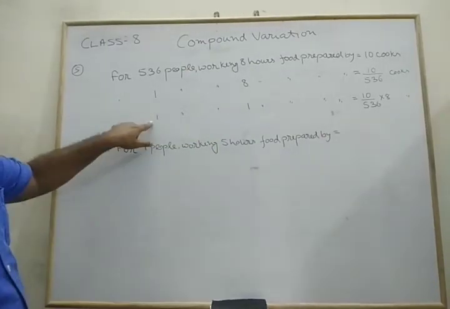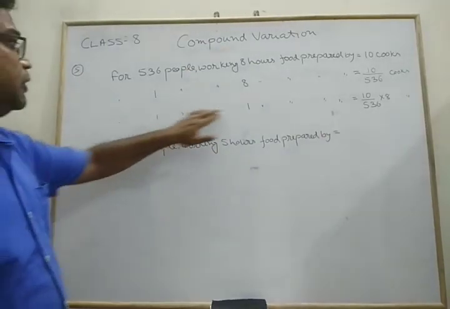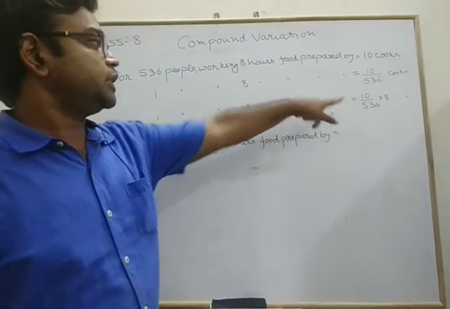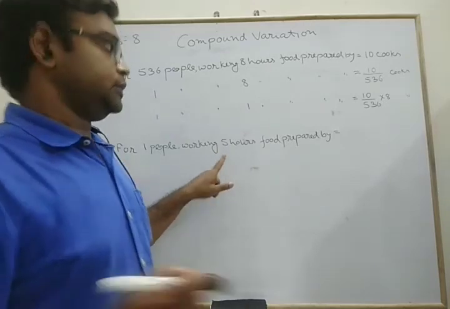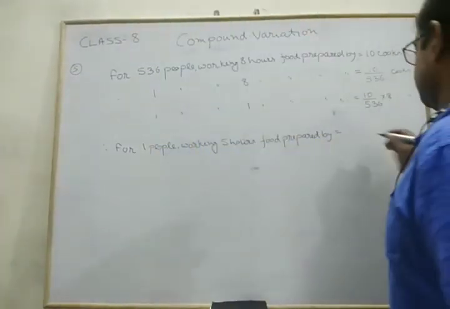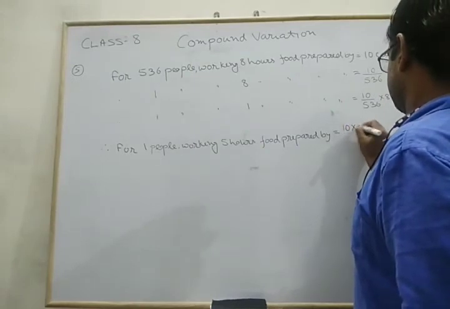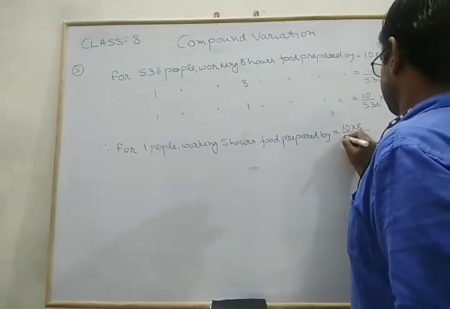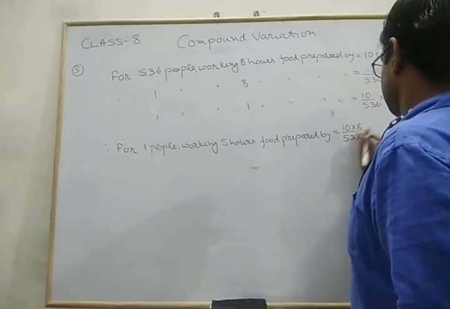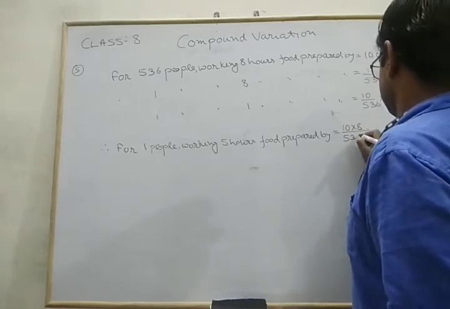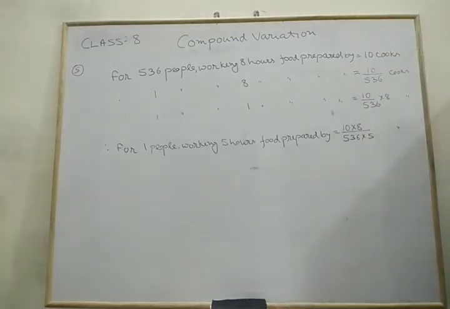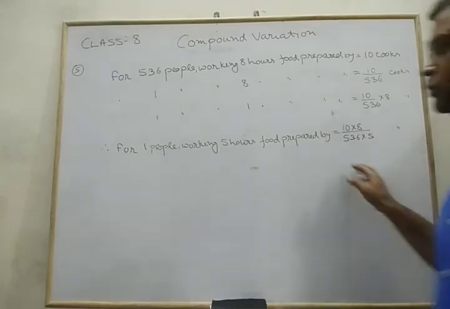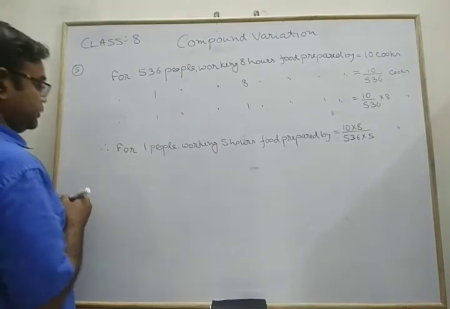Now check this. In working 1 hour, food is prepared by this number of cooks, so working more hours, fewer cooks are required, so we do the division. Clear? For 1 person working 5 hours, food prepared by this number of cooks.